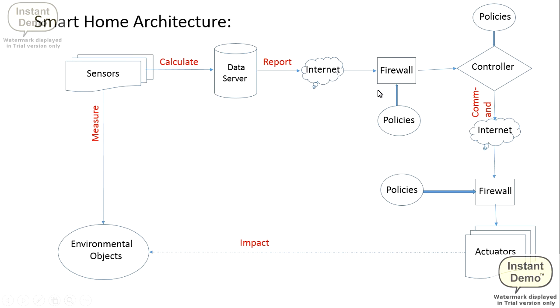After a fixed time or after a trigger, the data server will send the recent data to the controller, and the controller will have policies given by the users or admins or managers. Analyzing the policies and the data, it will generate a command which will be given to the actuators, and the performance of the actuators on the environment will have an impact, which we have shown with the dotted line.